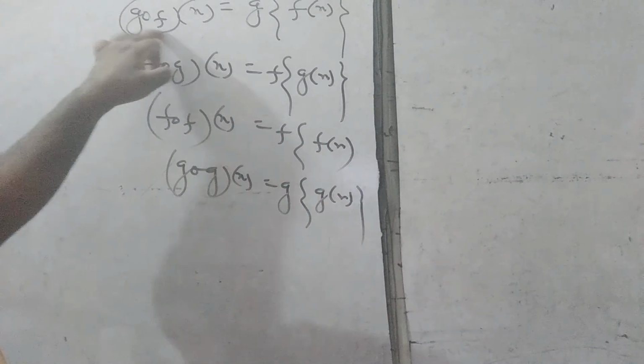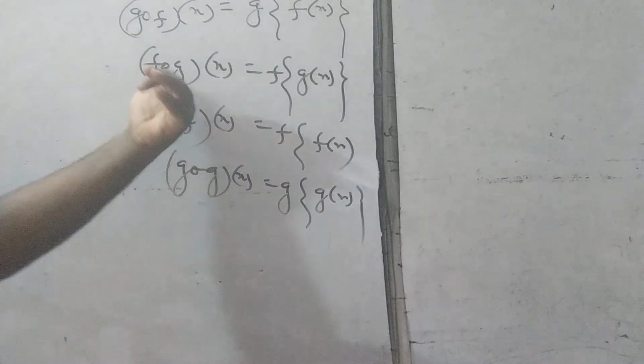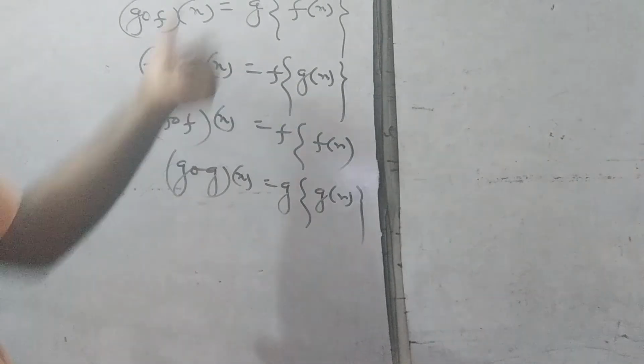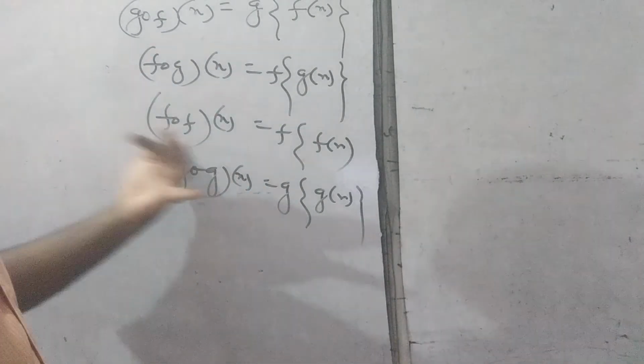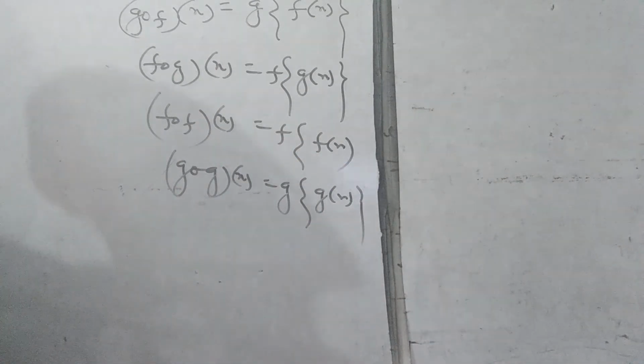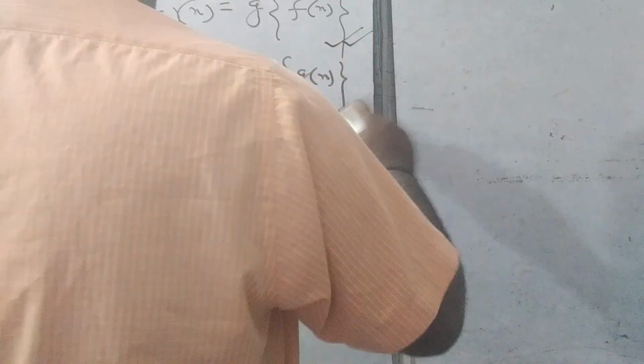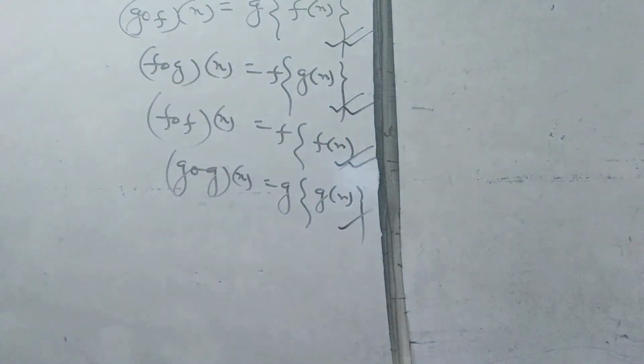See, in gof, f is the input function and g is the operating function. In fog, g is the input function and f is the operating function. And in this one, input and output are the same. So for composition of function, you must know this thing. This is important to find the composition of any function.